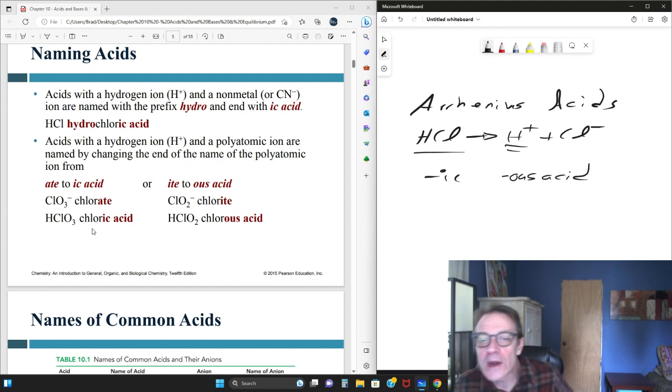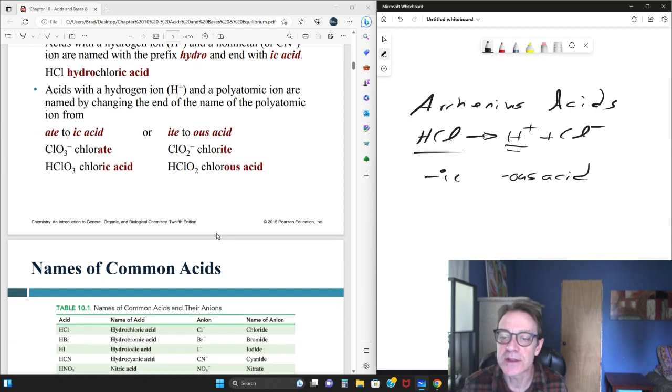So chloric acid in this case, and chlorous acid. And that's just one less oxygen in those polyatomic ions, chlorate and chlorite. The acidic versions add your proton, and you get chloric and chlorous acids.